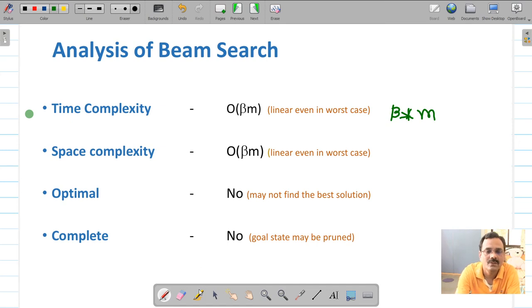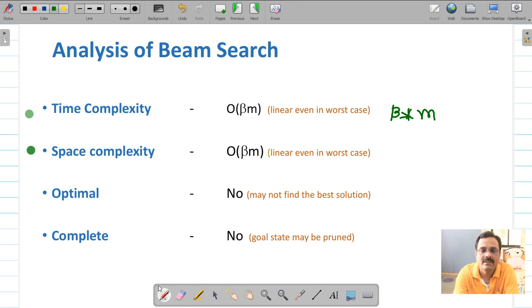Let us come to the space required for this beam search algorithm. Since it does not store all nodes in the queue, it stores only beta number of nodes every time. Therefore, the space required for this beam search algorithm is also linear, that is beta multiplied by m.